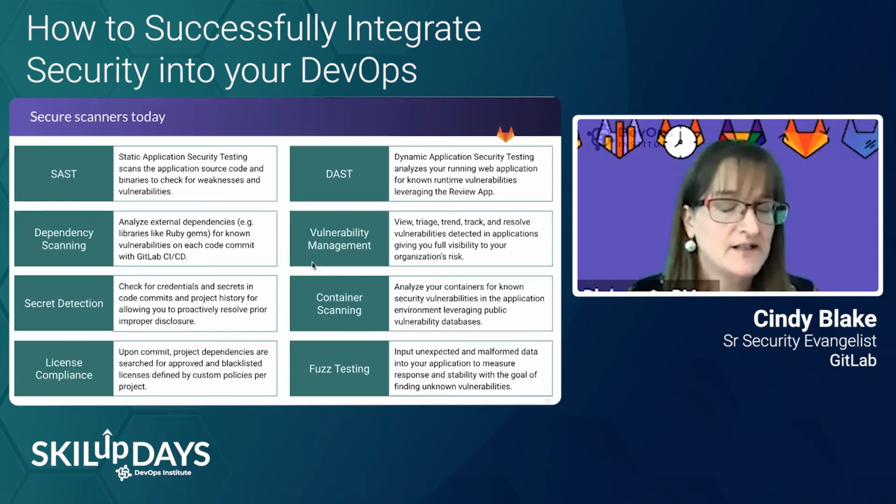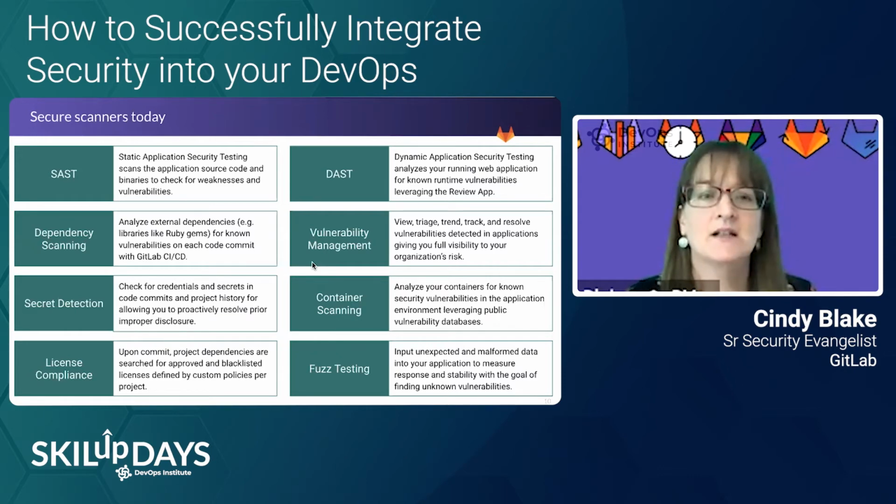So you need static analysis, you need dynamic analysis, dependency scanning, secret detection, license compliance, container scanning, fuzz testing. Fuzzing is really cool for helping you find things that you didn't know to even look for.